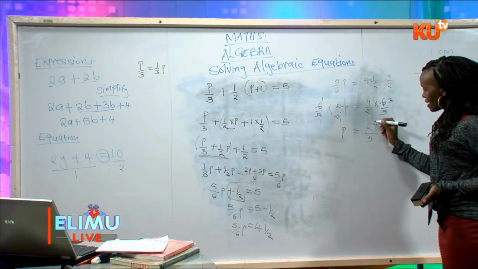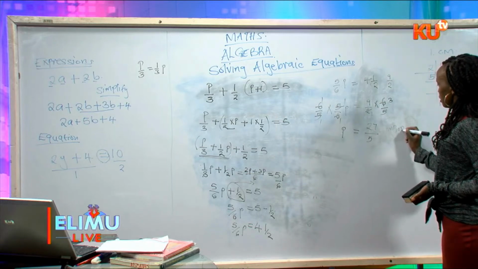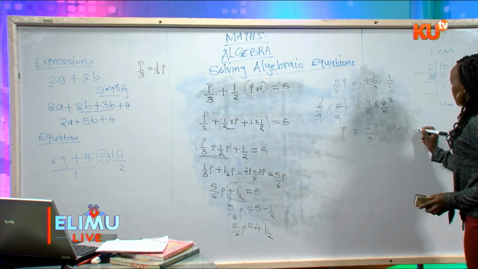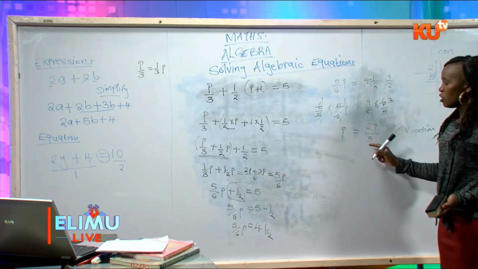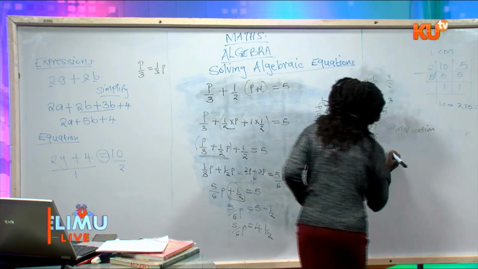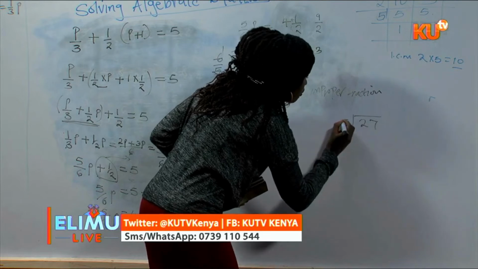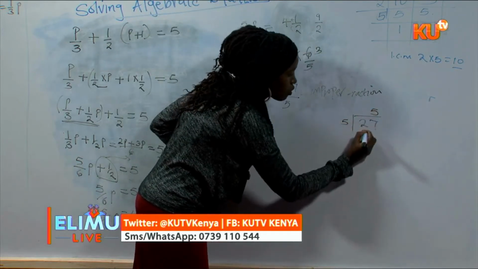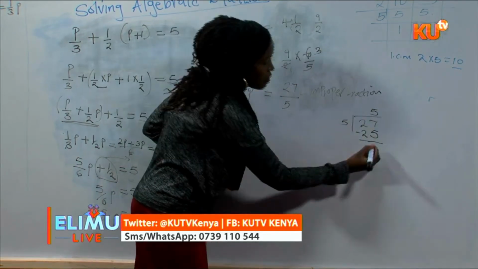So the answer that you have gotten here is an improper fraction. We can't leave our answer in this form. So we change it to a mixed fraction. We take 27 and divide by 5. 5 will go into 27 5 times because of 25. And then we subtract. 7 take away 5 is 2.